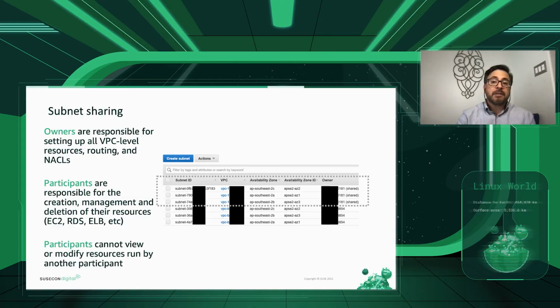Participants are responsible for the creation, management, and deletion of their resources like Amazon EC2 instances or Amazon RDS. Also, member accounts that are participating in the shared VPC cannot view or modify resources run by another member account. So by participating in a shared VPC, you're not opening or enabling the other accounts to view your launched instances.